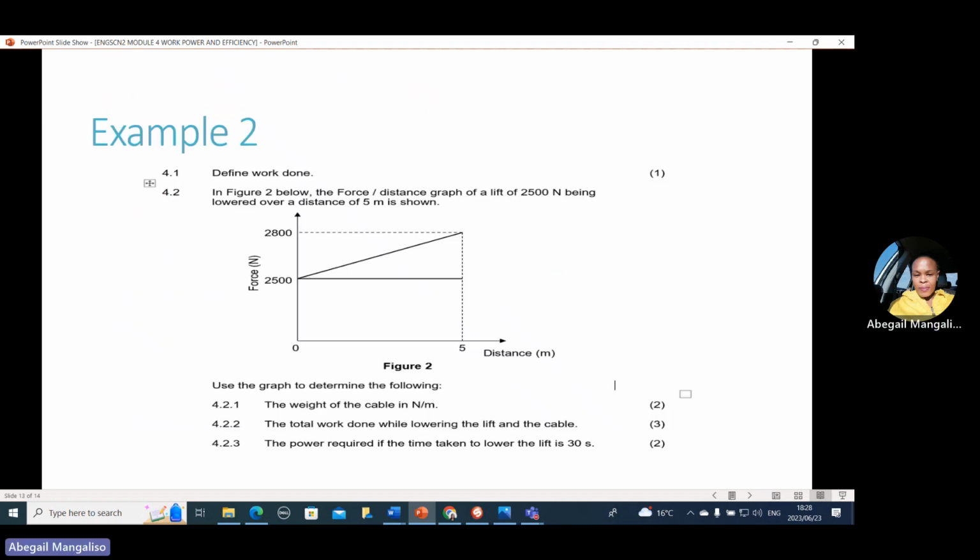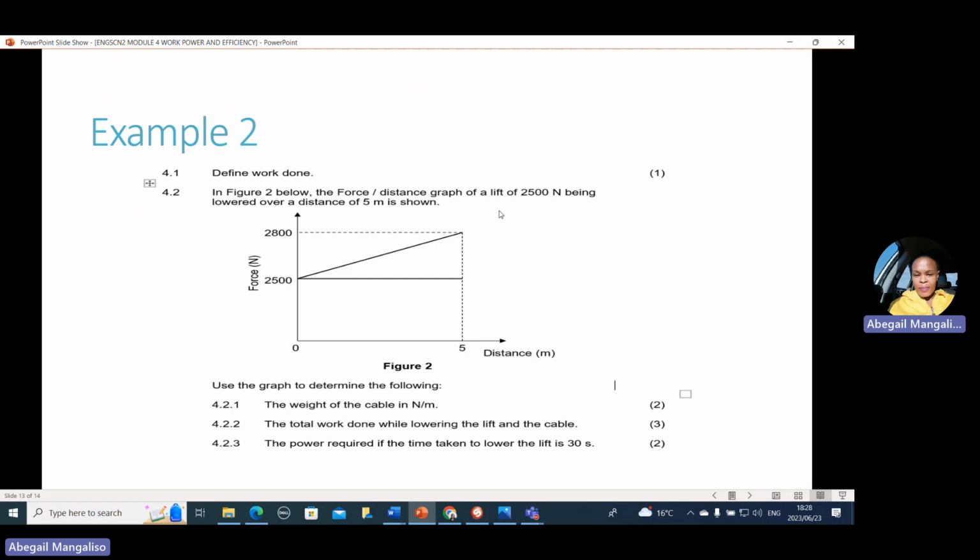Example 1. In figure 2 below, the force distance graph of a lift of 2,500 being lowered over a distance of 5 meters is shown. So you are given the weight of the lift.